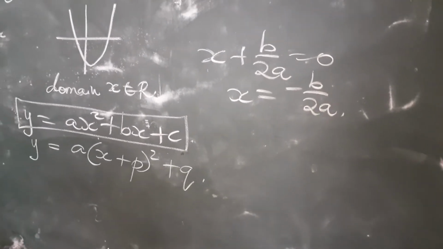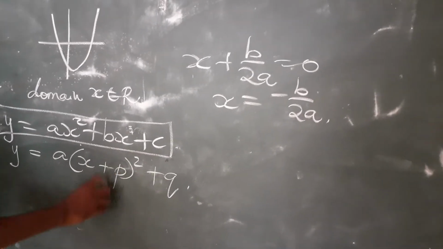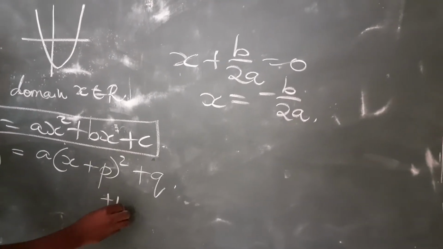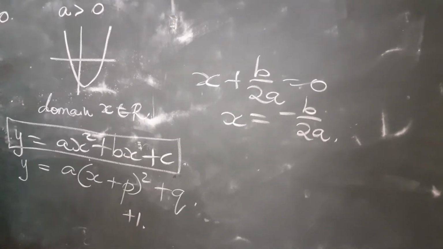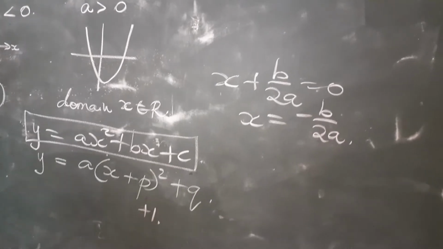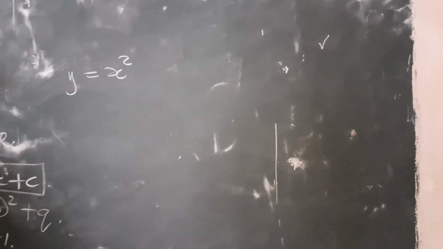Here we are talking about the shifting of graphs. If I'm told that my p is positive 1, p is the horizontal movement of the graph. The original graph, as you were taught in grade 10, was y equals x squared. This graph will be like this.